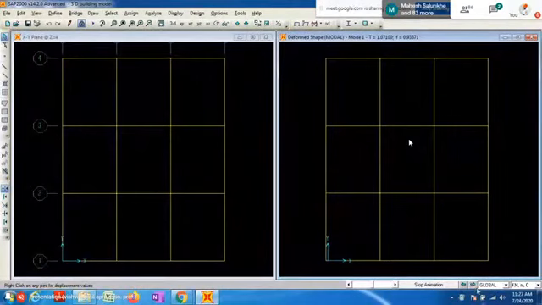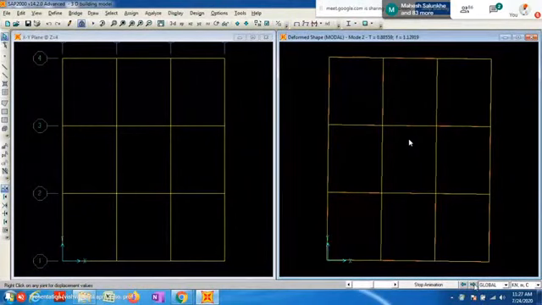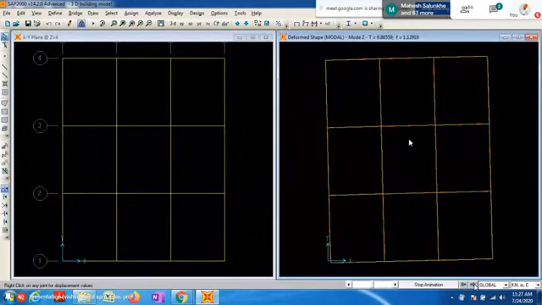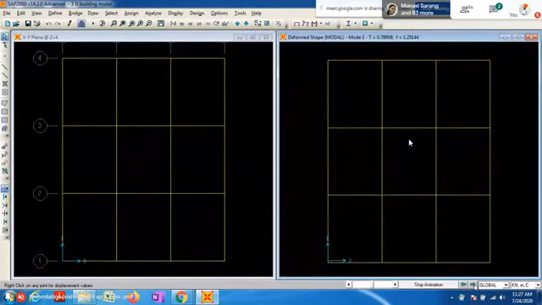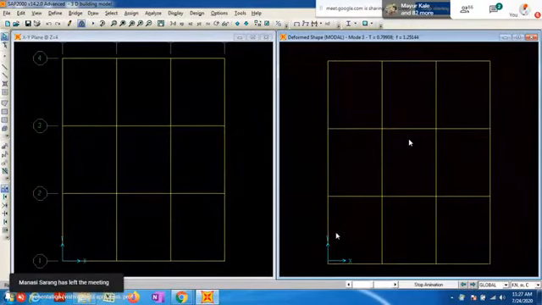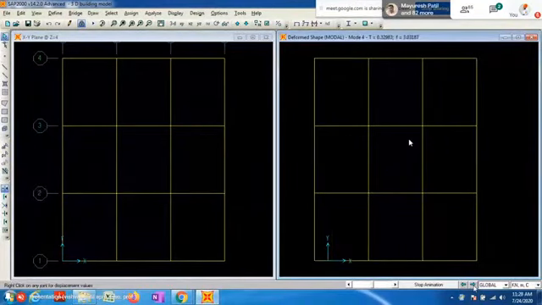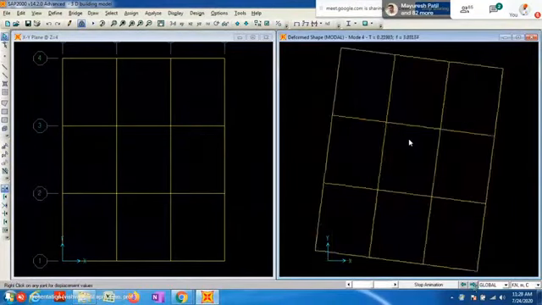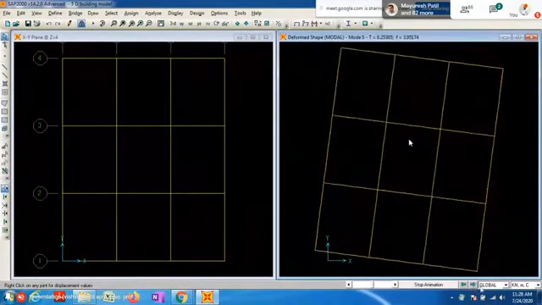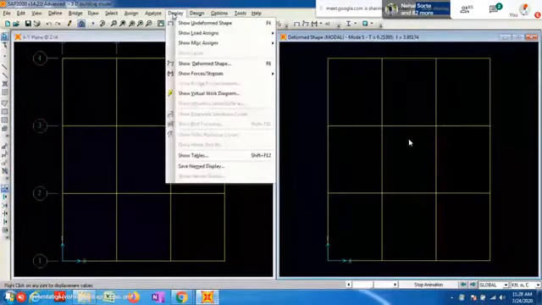If you see the second, it is a torsion mode. The third one is in the Y direction, and it is translational. Again, it is translational along the X direction. Again, it is torsional. All this information in tabular form you will get in the display.